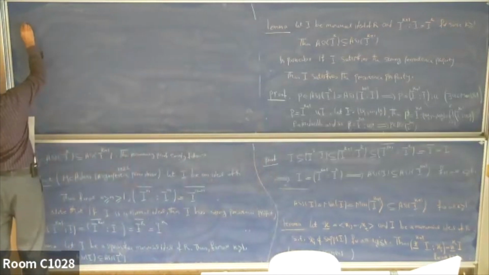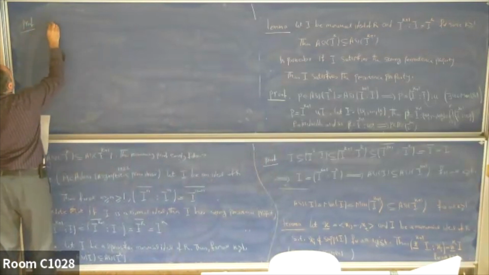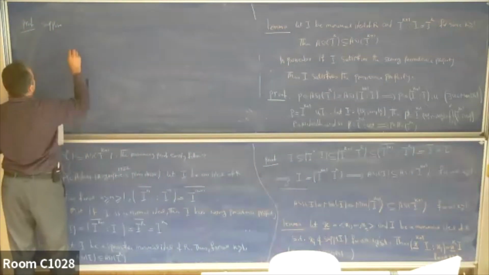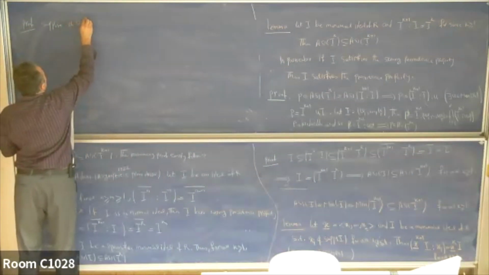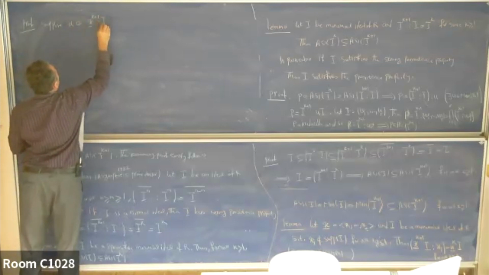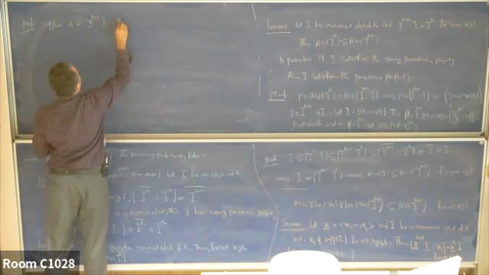So proof. Suppose alpha in X^(k+1) I colon Xi.